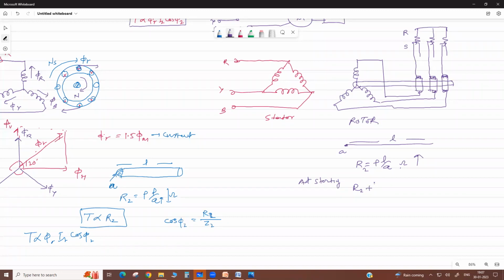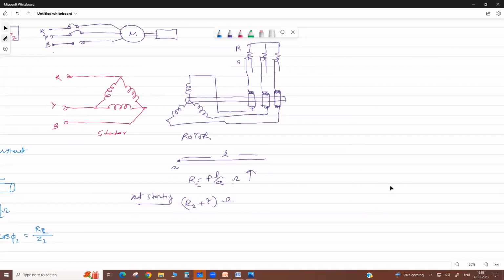We add the external resistance also. So this resistance is more at starting. Then this has a high power factor and torque is high. Now you know power factor is high, torque is high.